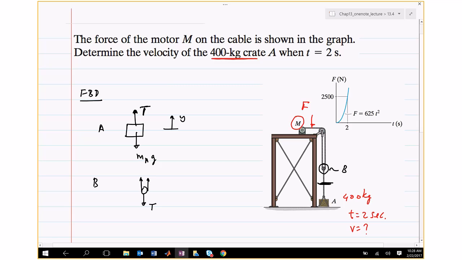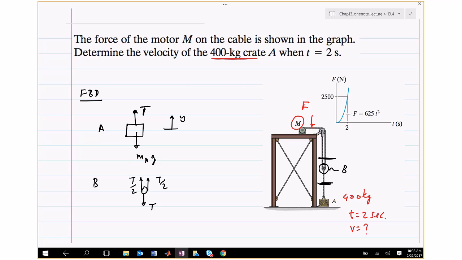Since I cut it over here, and since this pulley has no mass, I can write this to be T divided by 2 and T divided by 2. The only reason, again, is that the pulley has no mass, and so the sum of the forces in the vertical direction should add up to 0. Is that clear? That still does not help me to solve for the tension. I don't know what the tension is.